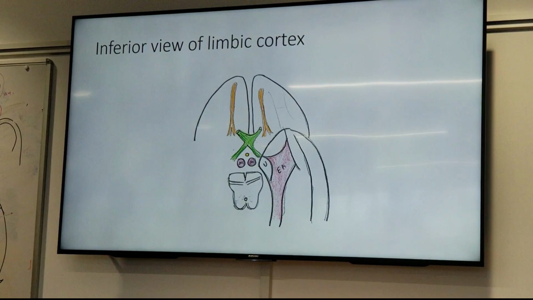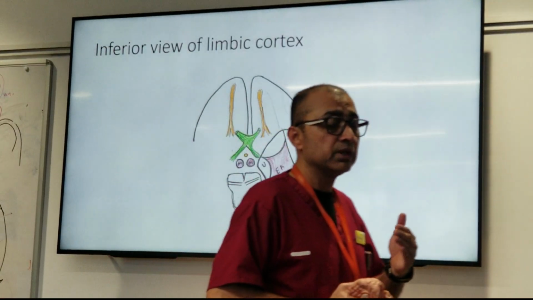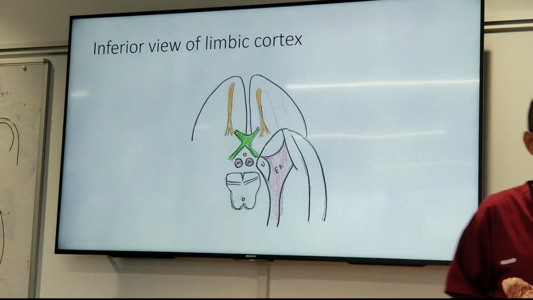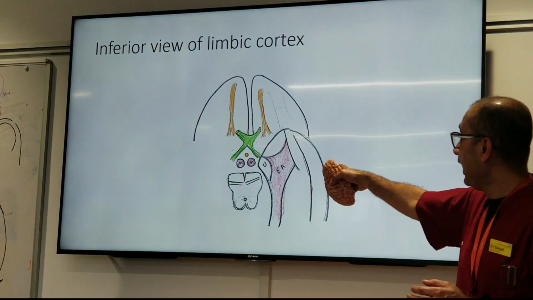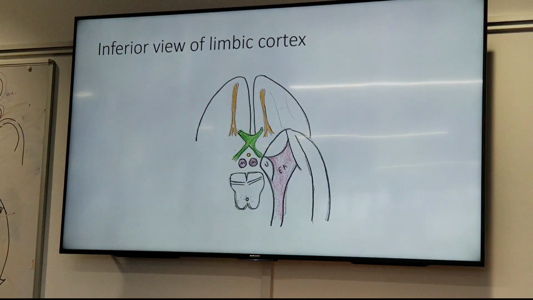Which part of the cortex do they relay to? What is the primary cortex? They relay both in the frontal lobe as well as the temporal lobe. In the temporal lobe it is the uncus and the entorhinal cortex. So that's where the olfactory system will relay.